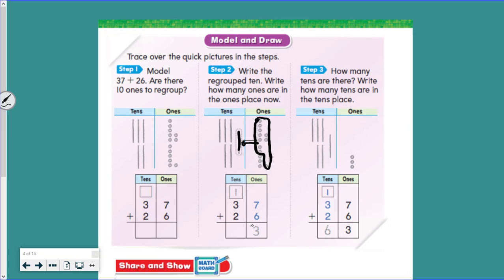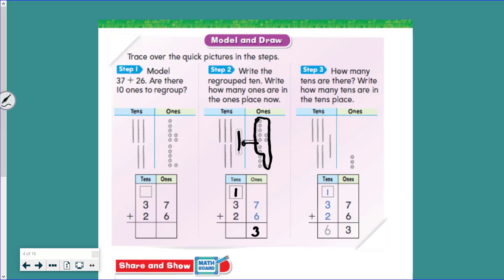The most you can fit over here is 9 ones. So we write the 1 from 13, because 13 is 1 ten and 3 ones. So we write the 1 over here in the tens place above the 3. And the 3 ones get to stay there, because remember, 13 is 1 ten and 3 ones. So we can put the 10 in the tens place and leave the 3 ones in the ones place.